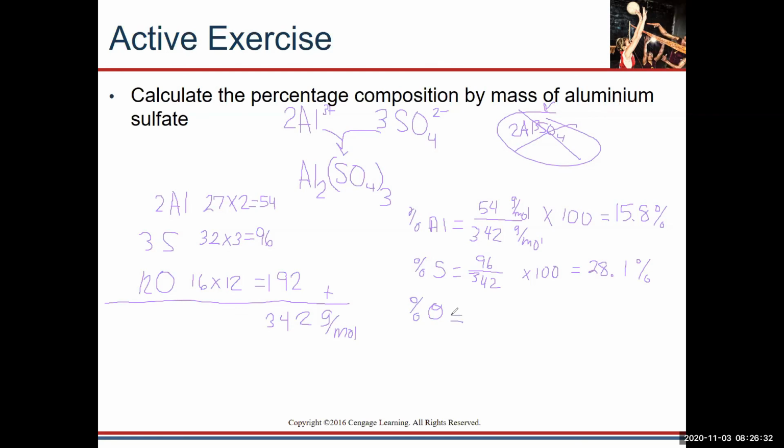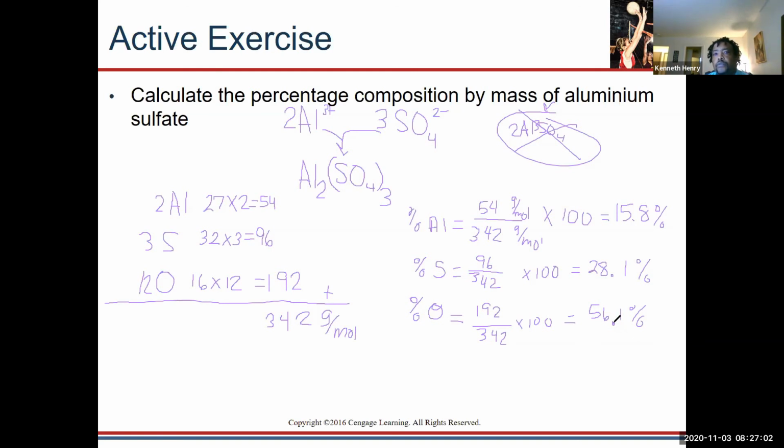It's going to be 192 divided by 342 times 100, which gives you 56.1%. Okay, piece of cake.